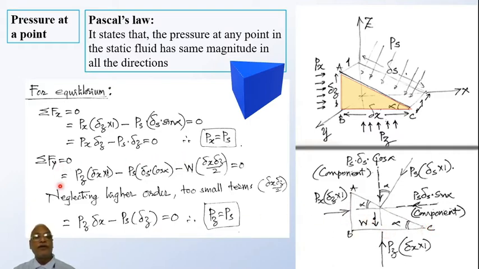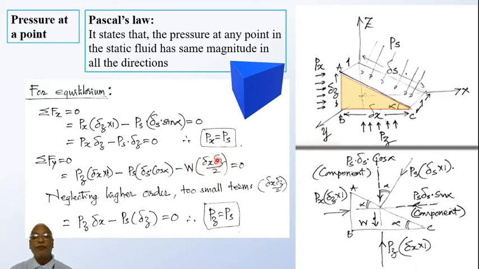So the upward force pz into delta x, plus minus this component ps delta s cos alpha, minus the weight, which will be written as delta x into delta z divided by 2 multiplied by the unit weight of the material.